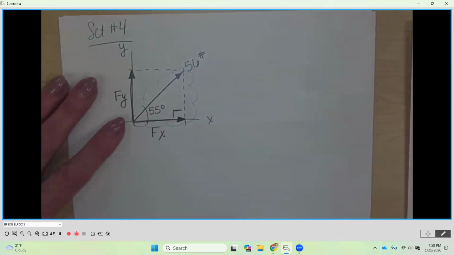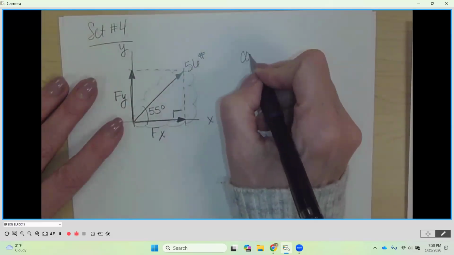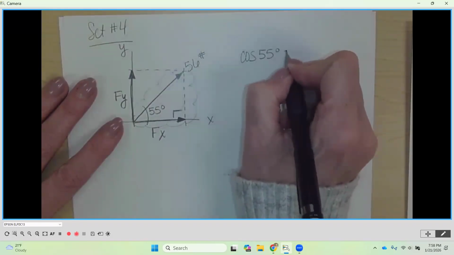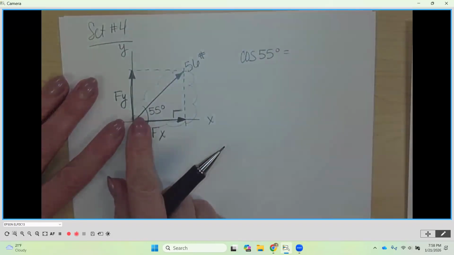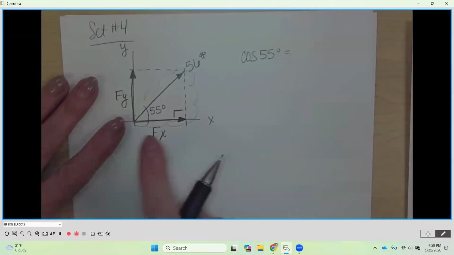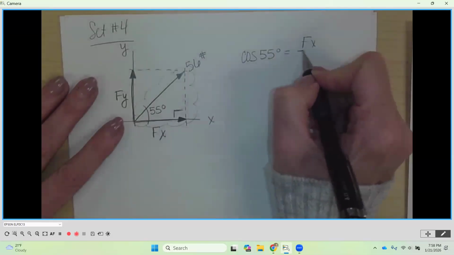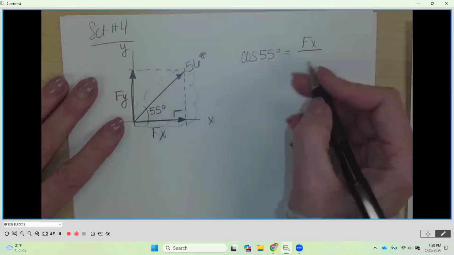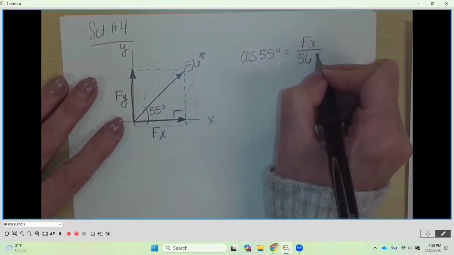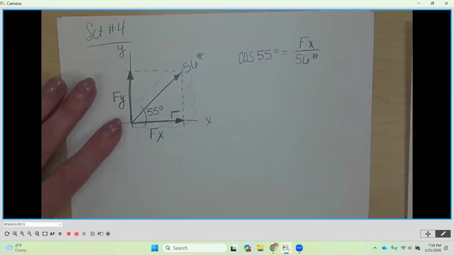Which function, sine, cosine, or tangent, would I use to solve for this? Cosine, exactly. So we would write this out: cosine of 55 degrees is equal to the side adjacent, Fx, divided by the hypotenuse, 56 pounds, right?